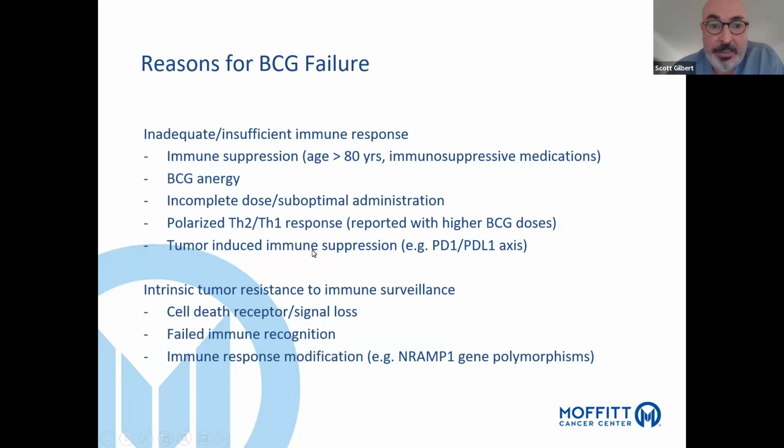There can be a polarized Th2 versus Th1 response that's been reported with higher doses of BCG, and this may underlie why a third or a half cut dose of BCG is just as effective as the full dose, which is one of our strategies for managing BCG shortage periods, is to dose reduce what we're actually giving to each individual patient. And then tumor-induced immune suppression based on PD-1 and PD-L1. There's also intrinsic tumor resistance that can occur depending on the microenvironment of the tumor.